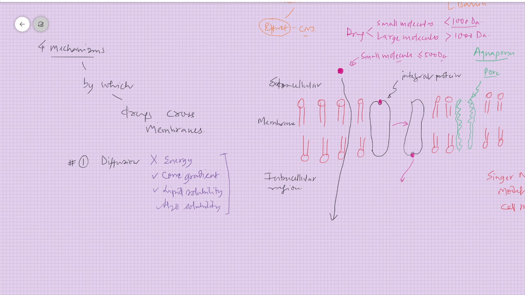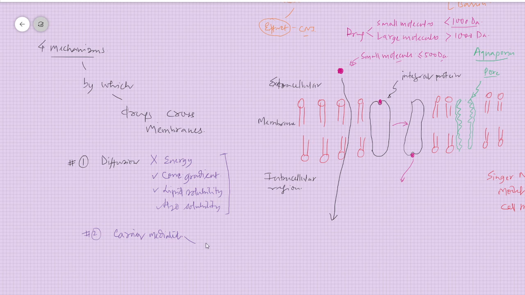So the second mechanism, let's write it down here. The second mechanism is carrier mediated. There are different types of carriers. We'll be discussing that again.